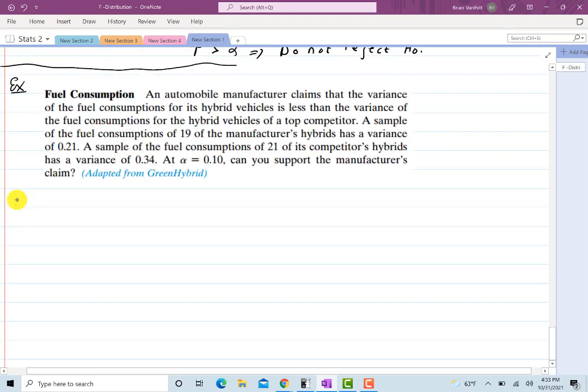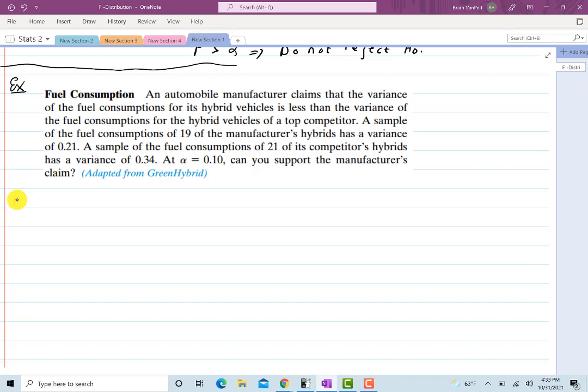All right, here is a regular type of example that we could be looking at. An automobile manufacturer claims that the variance of the fuel consumption for its hybrid vehicles is less than the variance of the fuel consumption for a hybrid vehicle of a top competitor. So a sample of the fuel consumptions of 19 of the manufacturer's hybrids has a given variance.